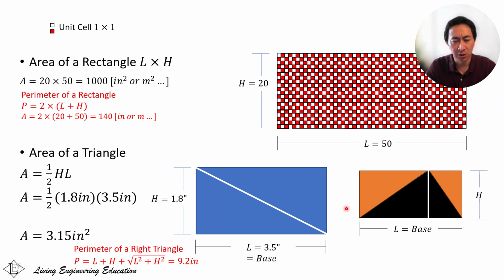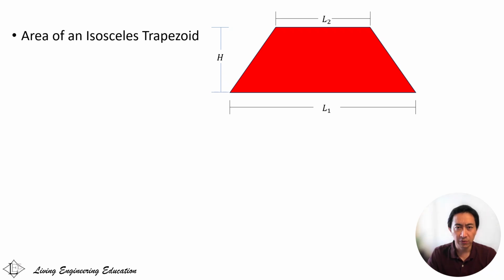Okay, so let's take a look at two more shapes, and they really capture a lot of the different shapes that you will see. Here we have a combination of the rectangle and triangle. We have an isosceles trapezoid. So we have two parallel length scales here, and we're saying that this length and this length are of equal length.